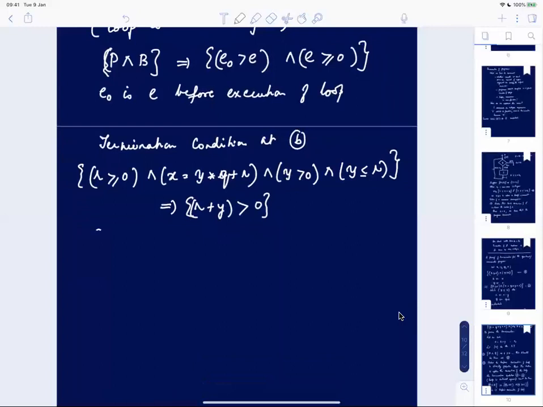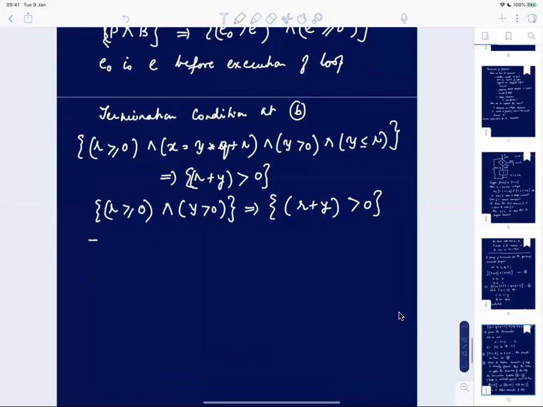How can you prove this? r greater than or equal to 0 and y greater than 0 implies r plus y is greater than 0.